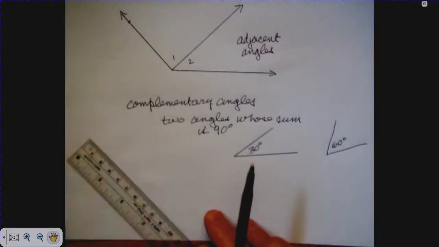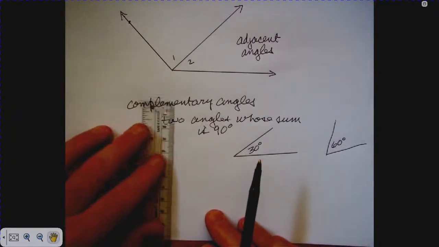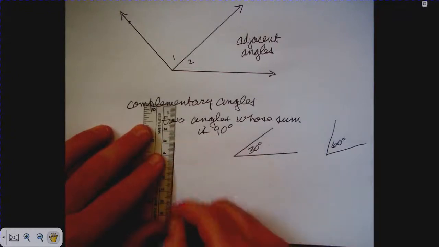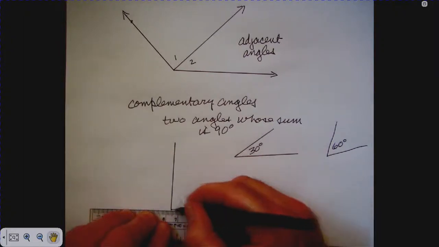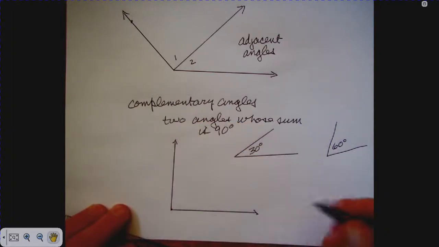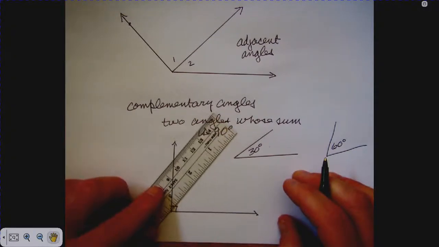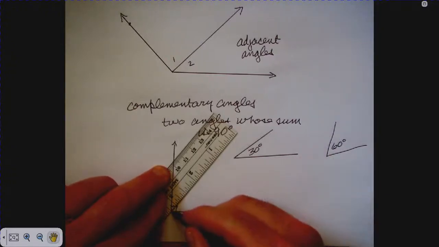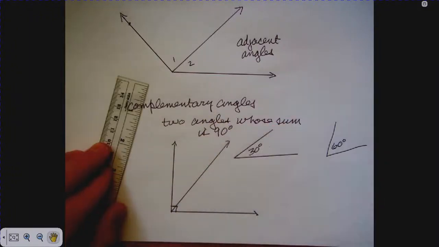Now, where you often see complementary angles is when you have a right angle. So we're going to say that this is a right angle, and now we place a ray on the same plane with the same endpoint, an interior ray, and we're now going to have two angles.